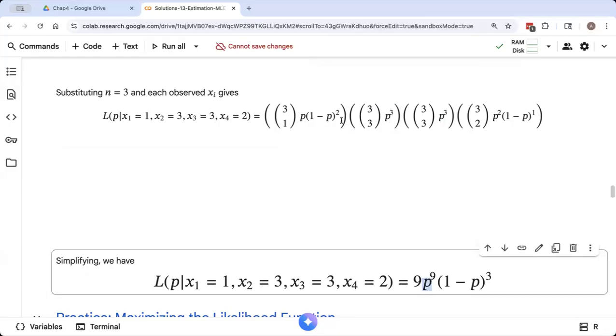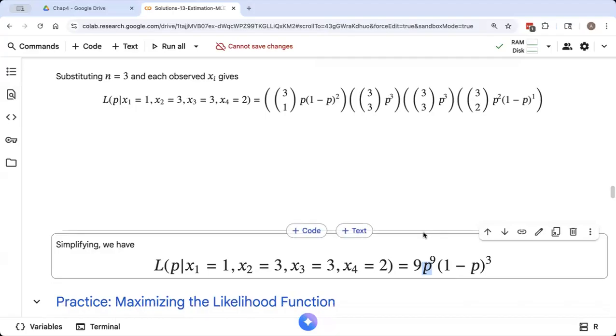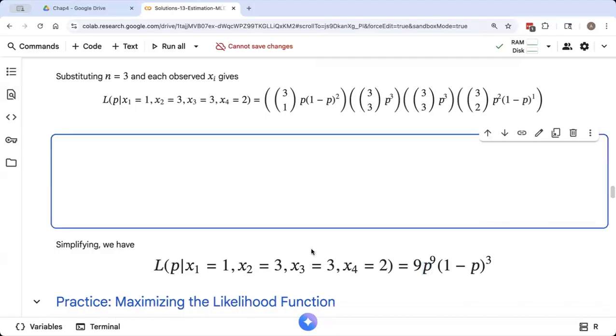Then the 1 minus p terms, we have 3 of them. So here we've simplified the likelihood function. And again, you can think about this as: I plug in a value of p, and the output is the probability that we would have observed our sample with that value of p.